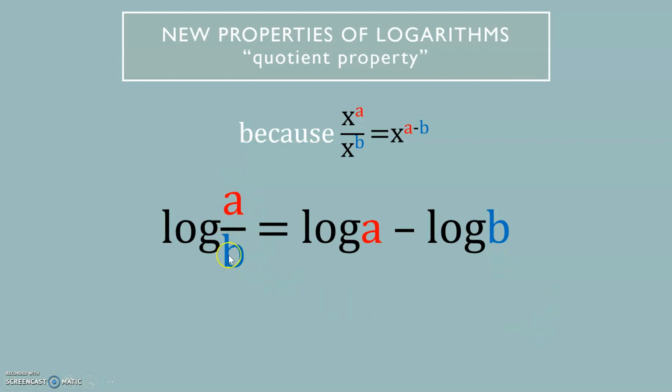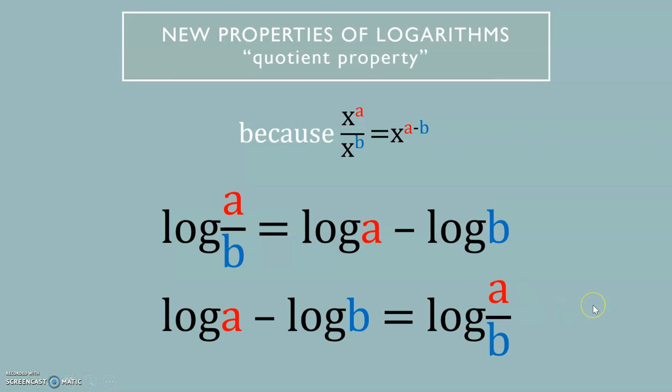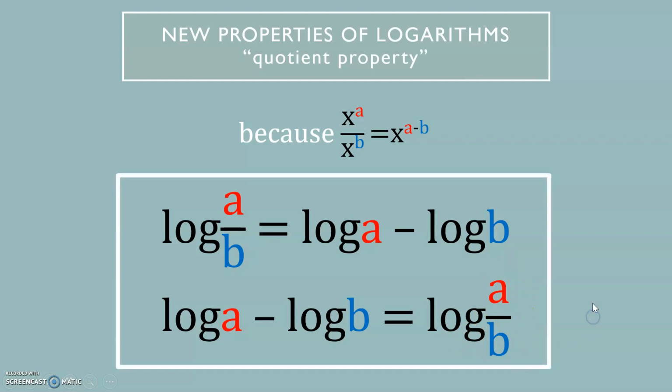If we have a quotient in the argument, we expand with two logarithms with subtraction, because we are subtracting the exponents. The same property works the other way around, where if we have two logarithms subtracted, we can condense them by dividing the arguments.